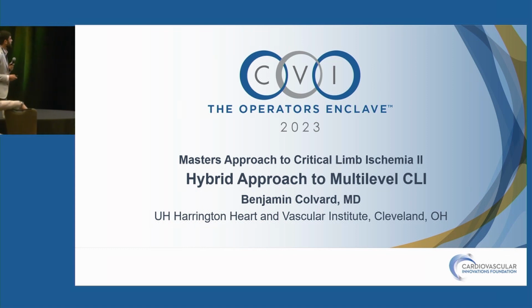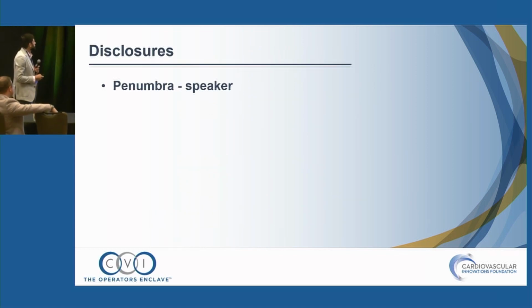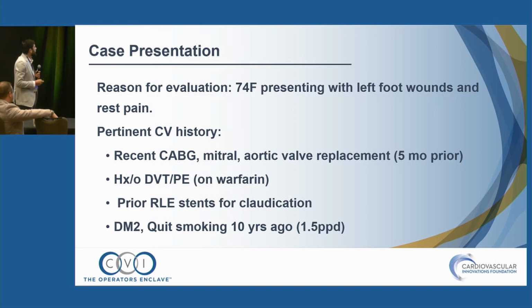Okay, so let's just jump right into it. This is a presentation I gave here last year, but I picked a new case for this year. This is a 74-year-old woman who presented with left foot wounds and rest pain.